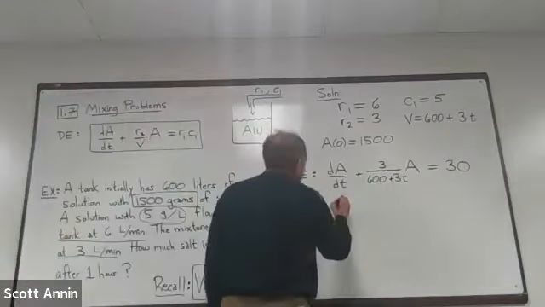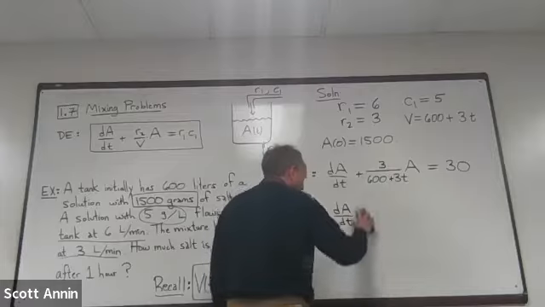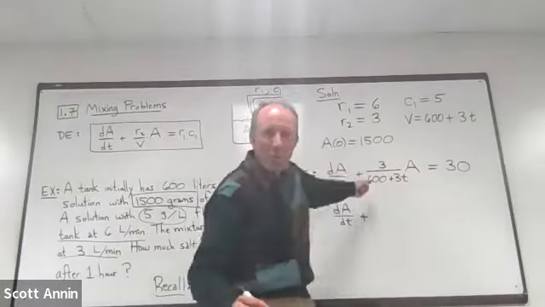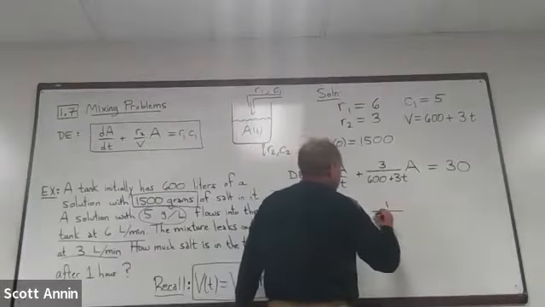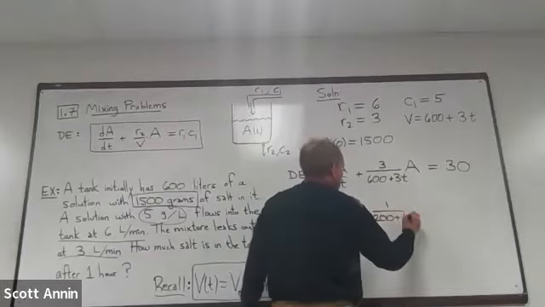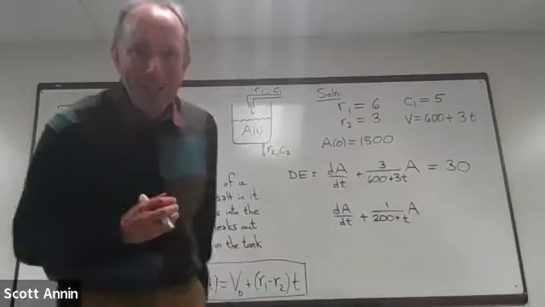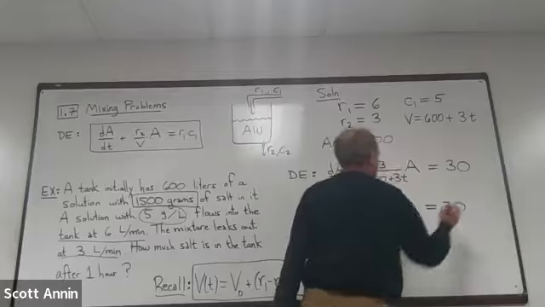Just to make our life a little easier in a few minutes, what I'm going to do is actually divide this fraction here. You see this fraction? There's factors of 3 everywhere, right? So I'm just going to divide everything through by 3. So this will just simply reduce to 1 on top and 200 plus T on the bottom. And this is equal to 30.